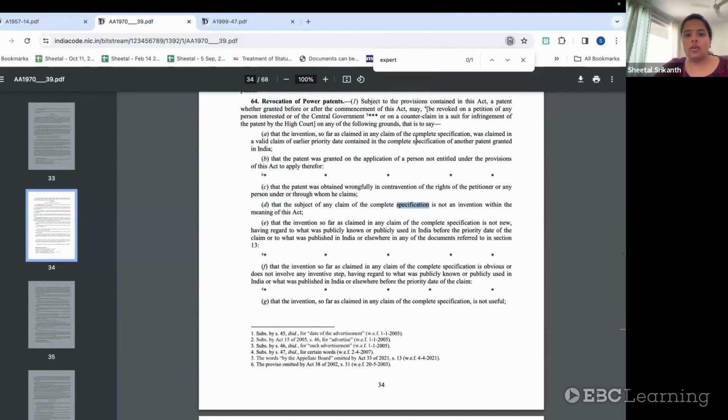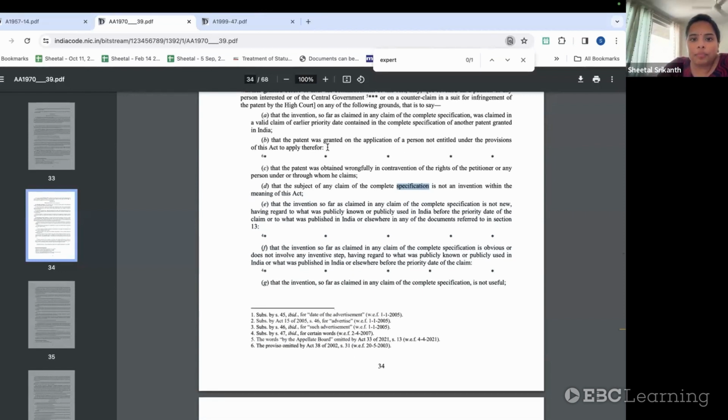Right. So the first ground is that the invention, so far as claimed in any claim, was claimed in a valid claim of earlier priority. So basically, a claim already has earlier priority in comparison to the patent on the basis of which the suit is filed. Or that the patent was granted on the application of a person not entitled to apply for a patent at all, or that the patent was obtained wrongfully, right? Or the patent as claimed in the specification is not an invention, which means it is hit by the Nunn's test, which you will all be familiar with by now.